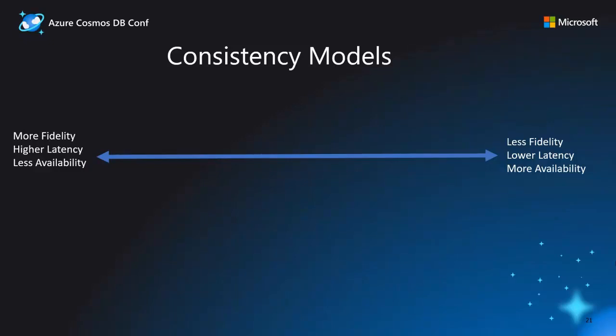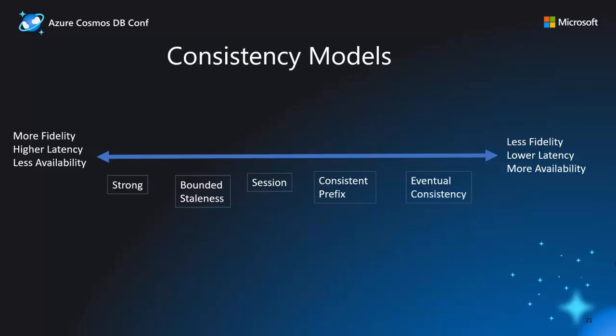The Cosmos DB documentation has lots of good information about it, but just so that we are all on the same page, these go from strong, bounded staleness, and then after bounded staleness, you get a request unit discount. Session, consistent prefix, and eventual consistency all consume fewer request units than strong or bounded staleness.